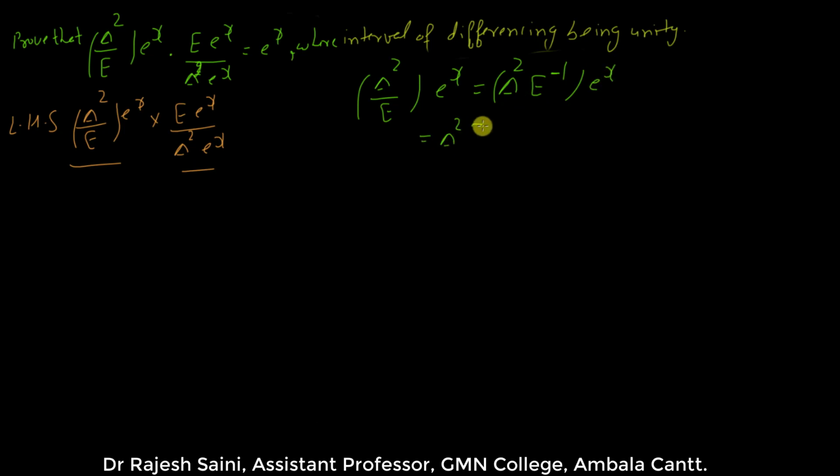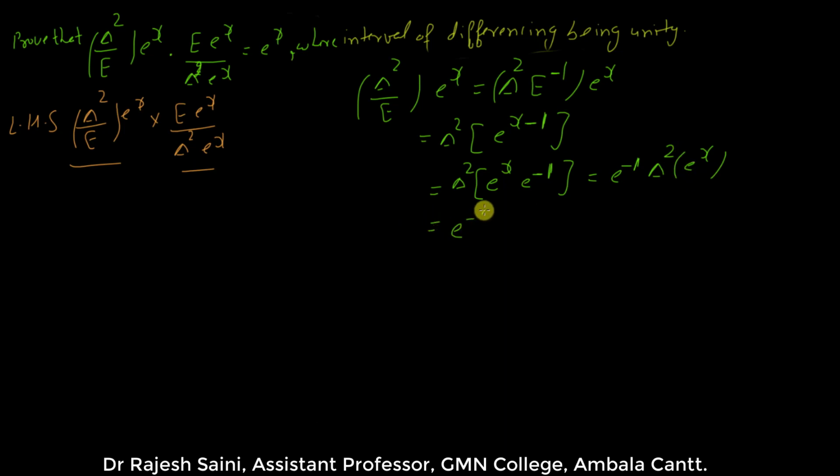Delta square E^(-1) e^x is delta square e^(x-1). This will be e raised to the power minus 1, which is a constant quantity, so this will come out. Inside we are left with delta square e raised to the power x.